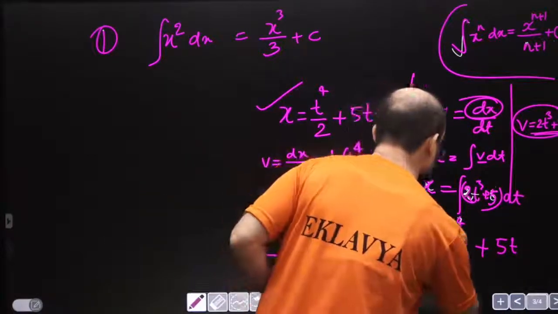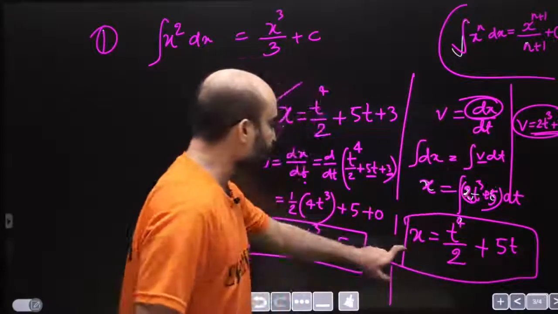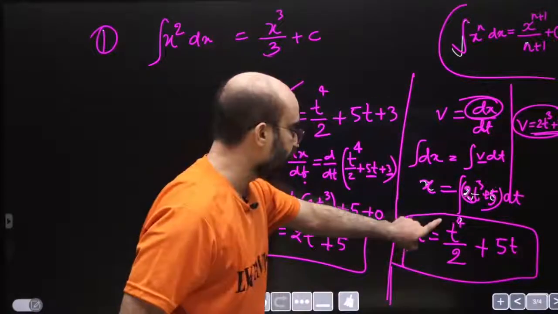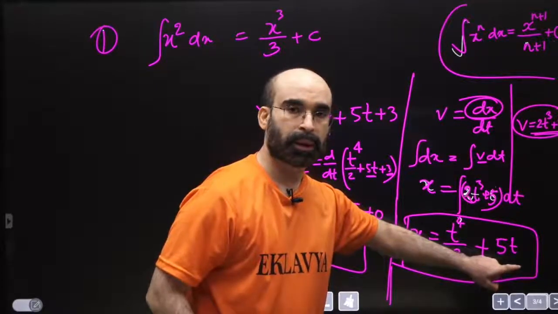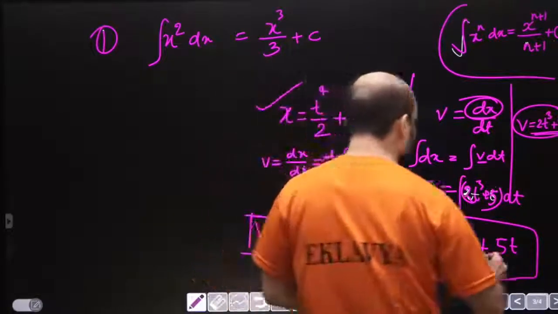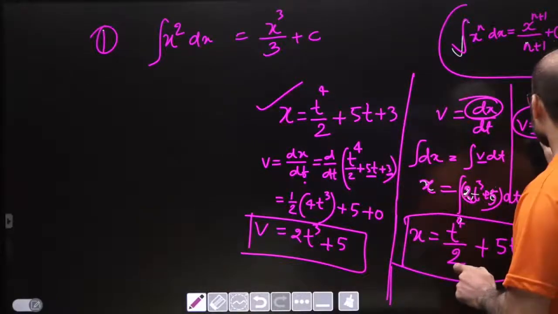Just keep this thing in mind. We have got x equals t raised to power 4 by 2 plus 5t. Velocity for this also is 2t cube plus 5.